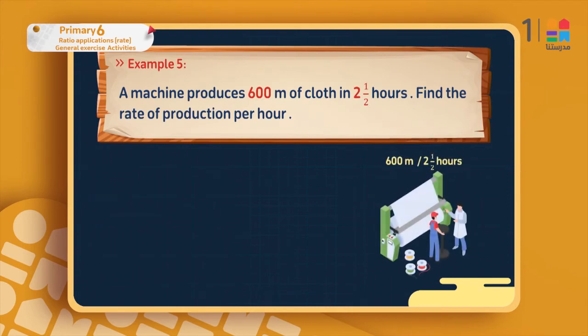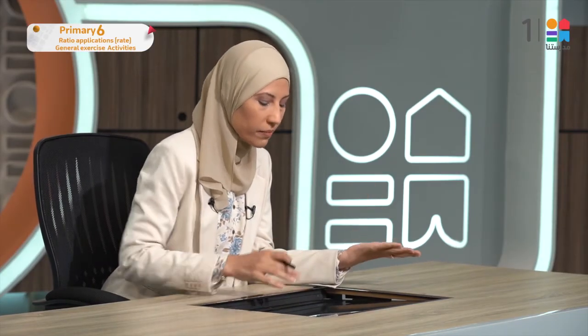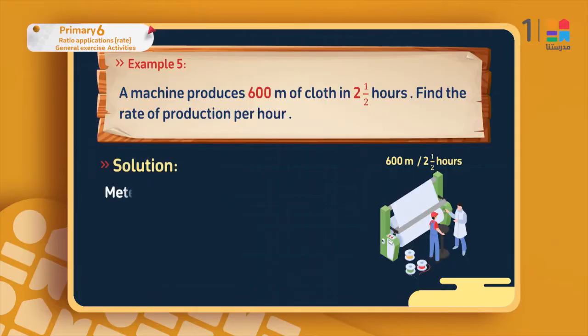Another exercise here. I have fraction numbers here, but it's a very easy exercise. It's talking about a machine that produces 600 meters of cloth in 2.5 hours. Find the rate of production per hour. Now I'm comparing between the meters of cloth and hours. So meters to hours.